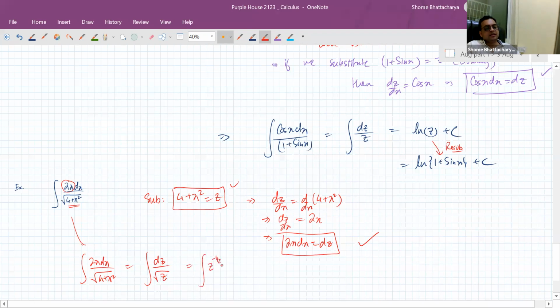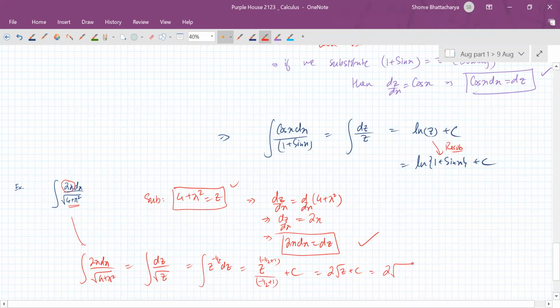Z to the power minus half dz. So this will become z to the power minus half plus 1 upon minus half plus 1, plus c. So that is 2 root z plus c, which is 2 times square root of 4 plus x square.